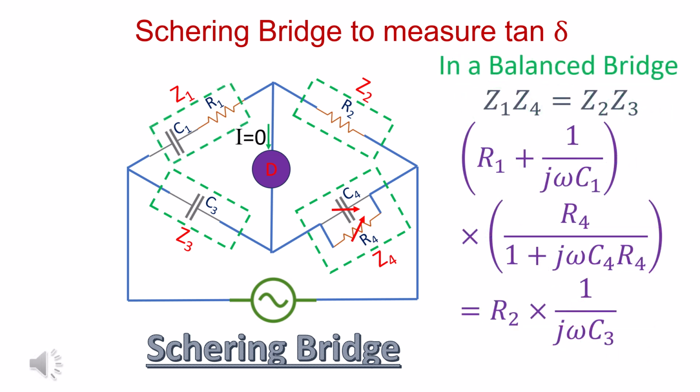In a balanced bridge, Z1 Z4 is equal to Z2 Z3. That is, R1 plus 1 by j omega C1, multiplied by R4 divided by 1 plus j omega C4 R4, is equal to R2 multiplied by 1 by j omega C3.